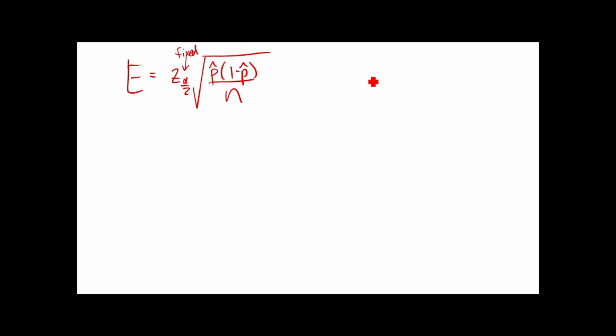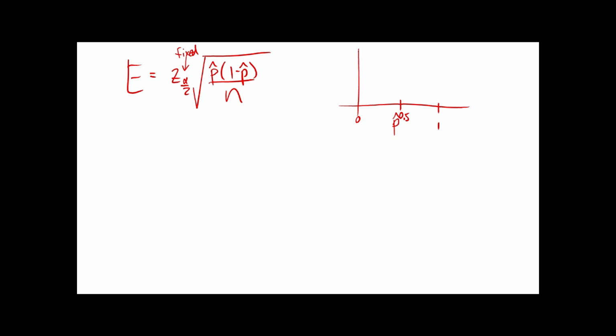Okay, so here's the nice thing about it though. So where can your p hat be? What's the maximum and minimum value of a sample proportion? Yeah, it can only go between 0 and 1, right? So it can't go anywhere outside 0 and 1.